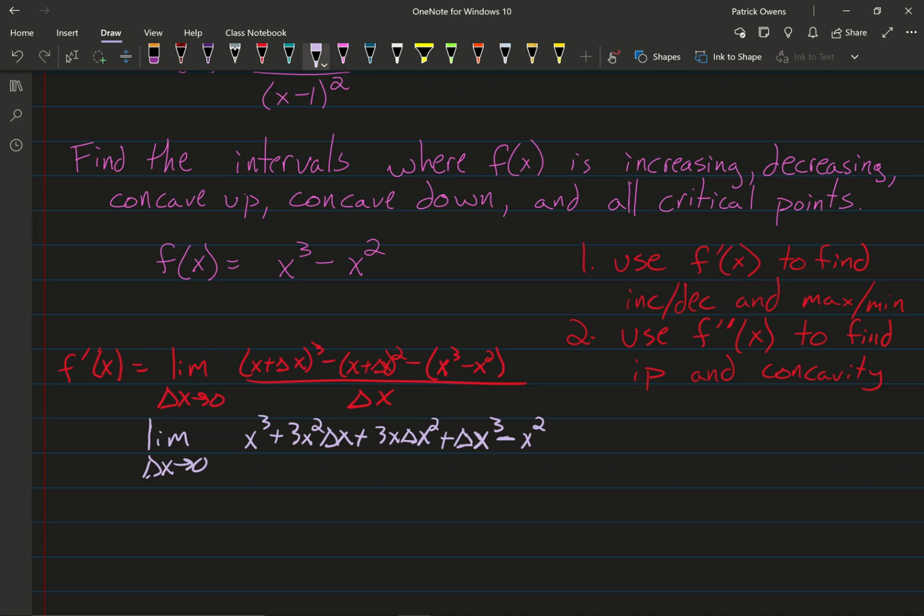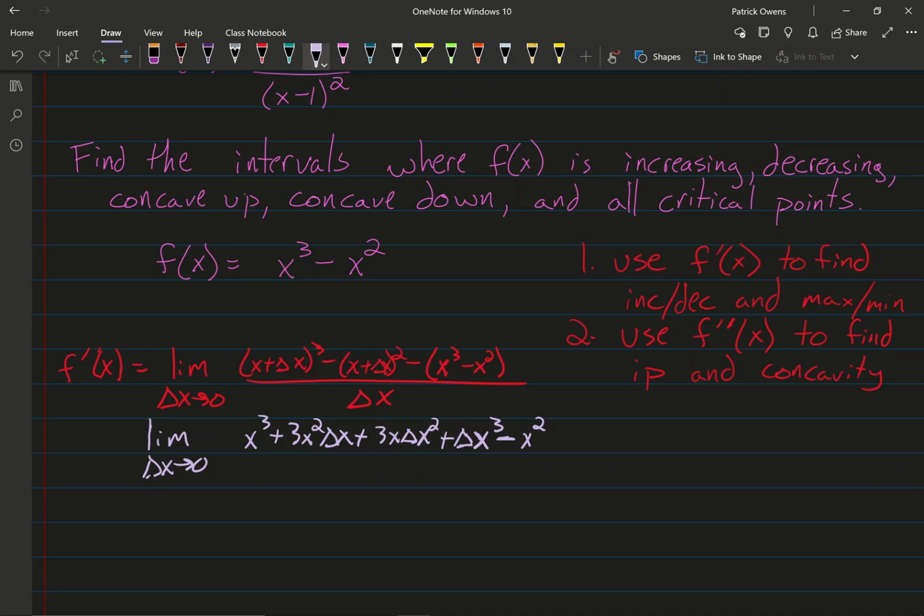I'm just expanding that x plus delta x squared and then also distributing the negative in the same step. And we have minus x cubed plus x squared from our f of x that's here. That's all still divided by delta x.